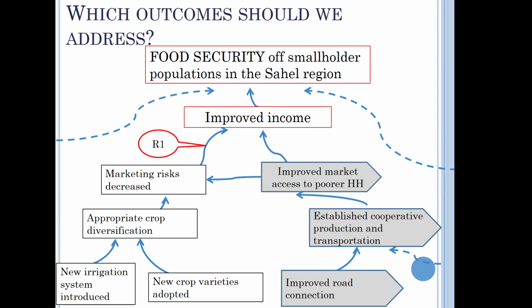Imagine, for example, your organization may elect to address the domain of change, improved income, domain of change towards food security. A necessary outcome in the pathway of change for that domain is improved market access, like you can see there, poorer households.